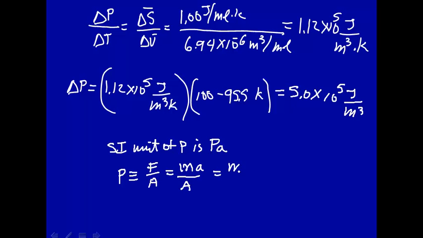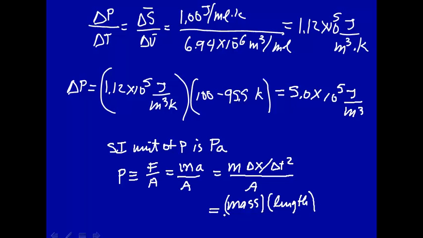All right, and this will be the mass times, say, delta x over delta t squared divided by area. Okay, so let's just put that in. Mass times length divided by area would be length squared, and this would be the SI units of time squared.